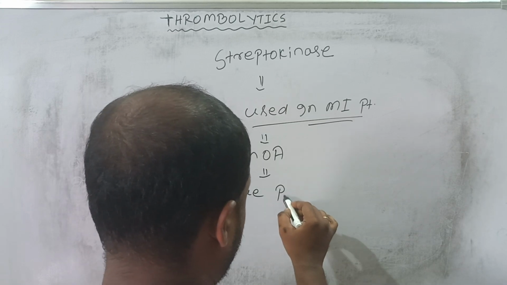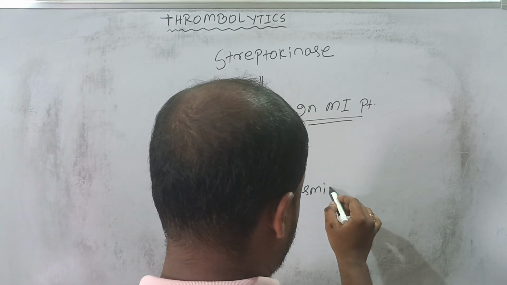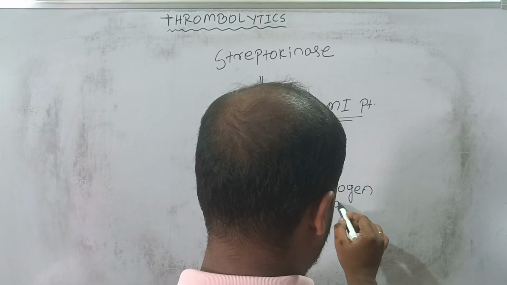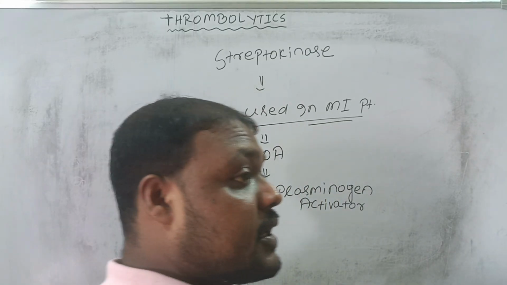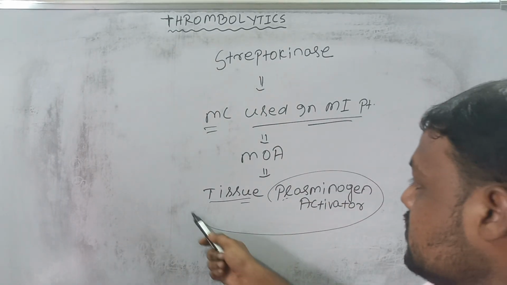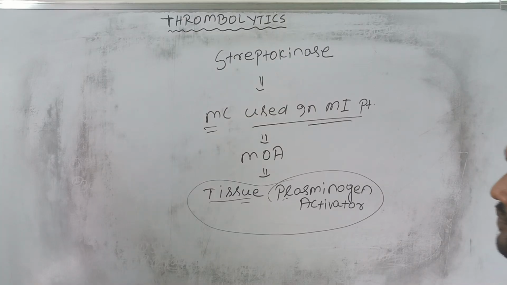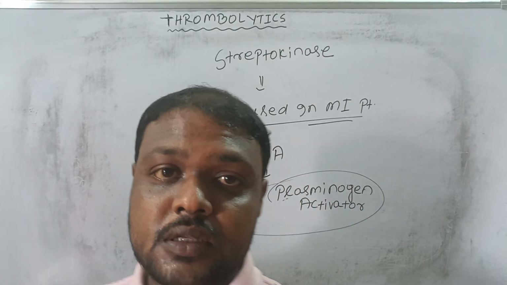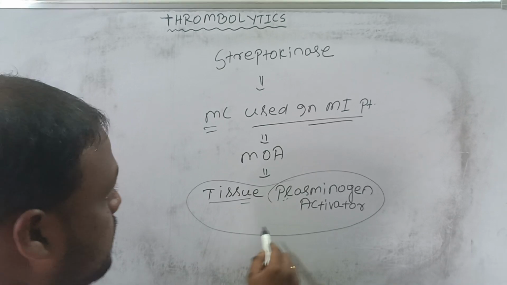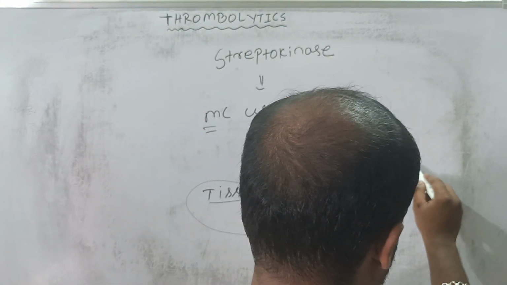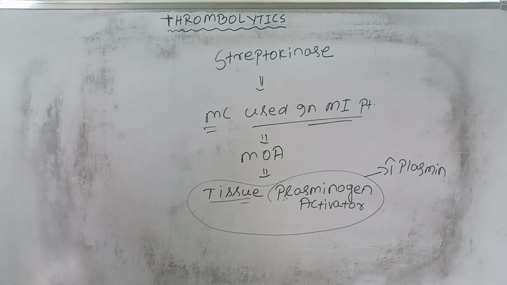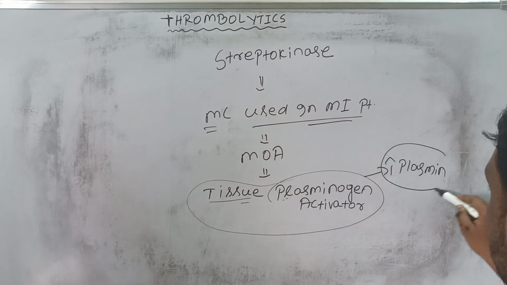Streptokinase is a TPA, meaning tissue plasminogen activator. So it increases plasmin in our blood.